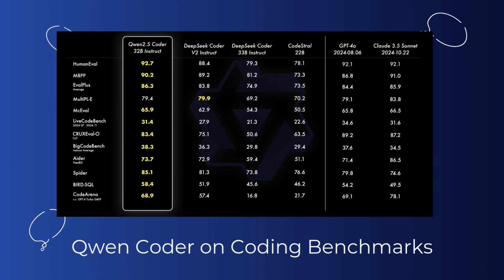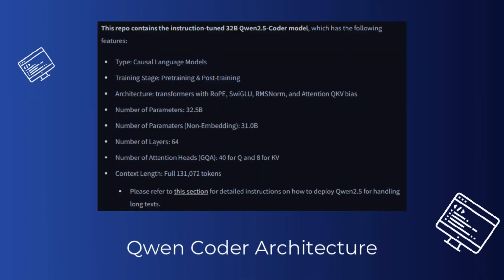With advancements in code generation, reasoning, and bug fixing, these capabilities are powered by extensive training on 5.5 trillion tokens, covering real-world source code, synthetic data, and a diverse range of text-code grounding sources. The architecture of Qwen 2.5 Coder is robust, featuring transformer-based design elements like RoPE, SwiGLU, and RMSNorm.